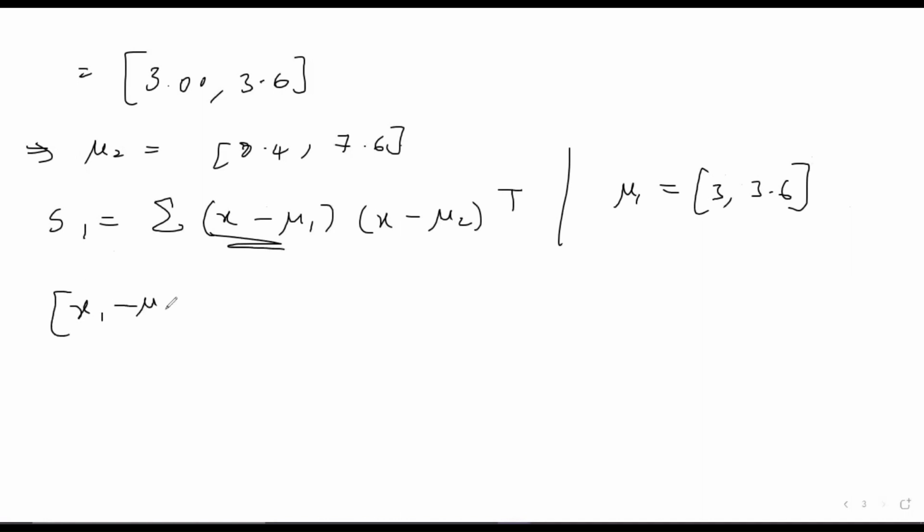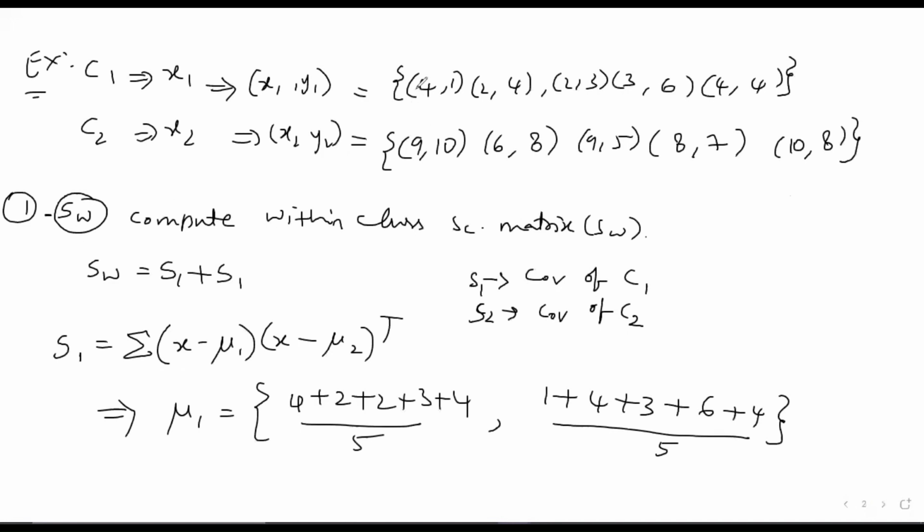Now we'll compute x minus mu1. Remember the values from our data set: that would be 4, 2, 2, 3, and 4 from x.